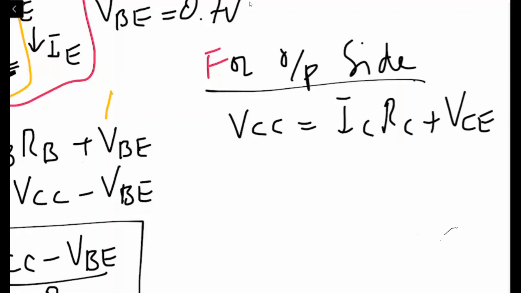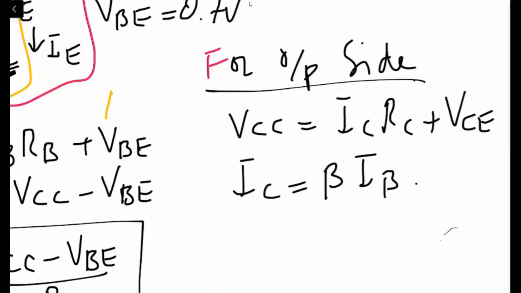And we also know that IC is equal to beta times IB, right?